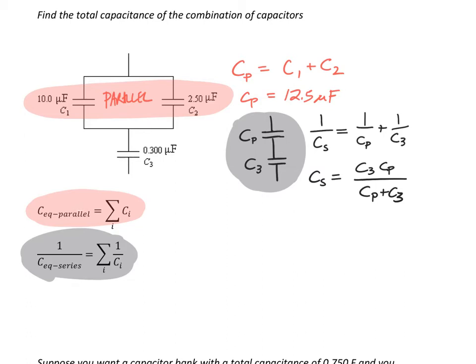All right. So now all I'd have to do is, since I converted a parallel series capacitor circuit into a series capacitor circuit, this is all I need to compute, this formula I just built. So if I take C3, which was 0.3 times 10 to the minus 6, times the parallel capacitance, which was 12.5, I'm going to back up here.